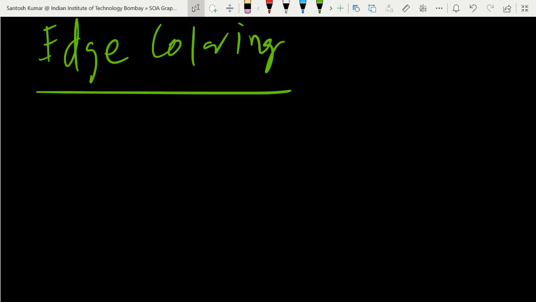We use edge coloring when the objects being scheduled are pairs of underlying elements.